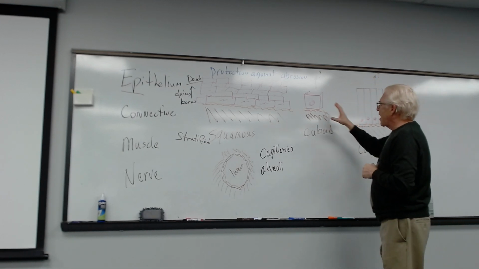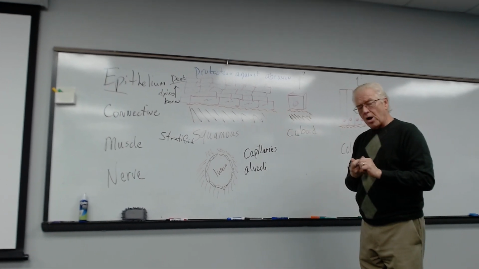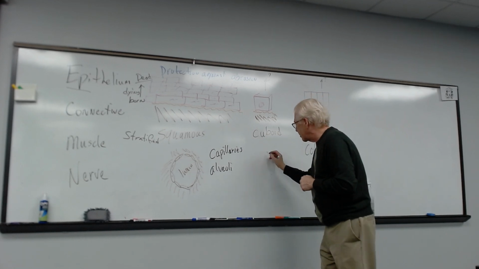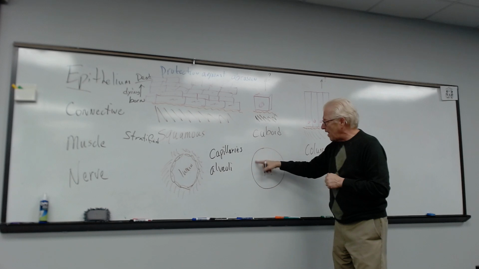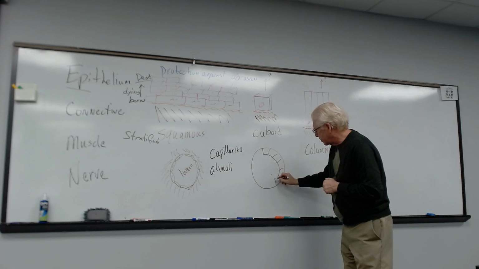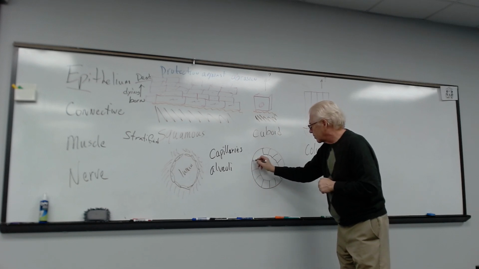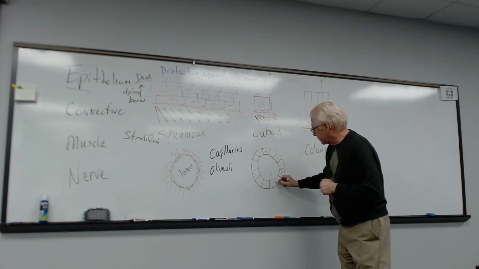Okay, good. Now, these cuboidal cells. These cuboidal cells can also be around a special kind of tube. But instead of flat cells, now we have these big square-looking cells. These cuboidal cells, with their nucleuses.